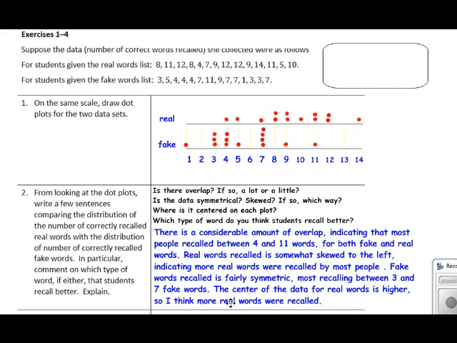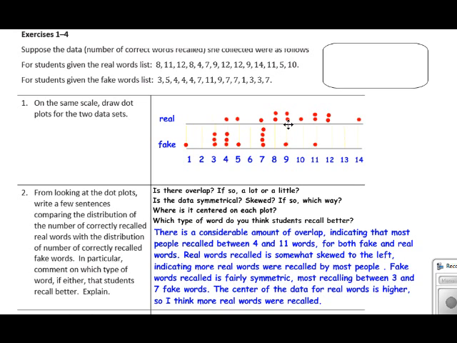The center of the data for real words is higher. I think more real words were recalled. When you're looking for the center of the data, remember to count the dots. 1, 2, 3, 4, 5, 6, 7, 8, 9, 10, 11, 12, 13. And then the halfway point would be 1, 2, 3, 4, 5, 6.